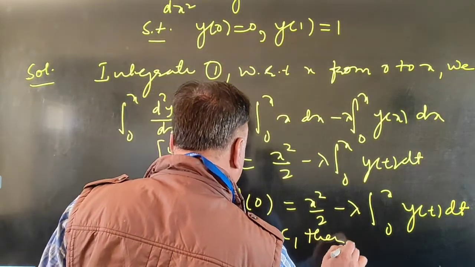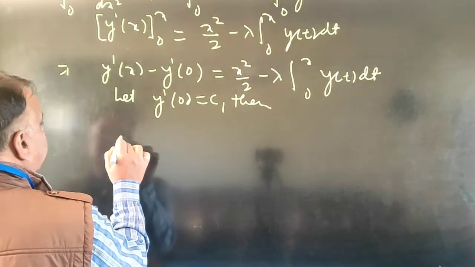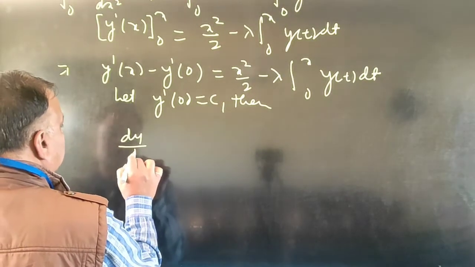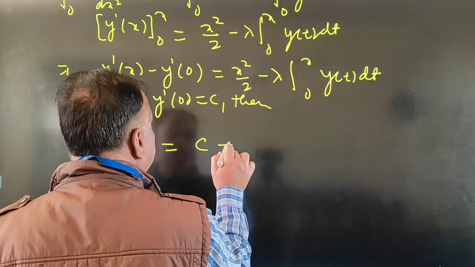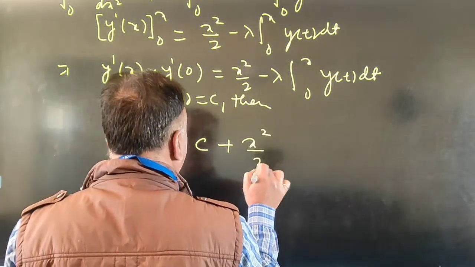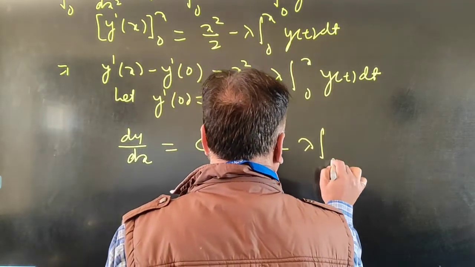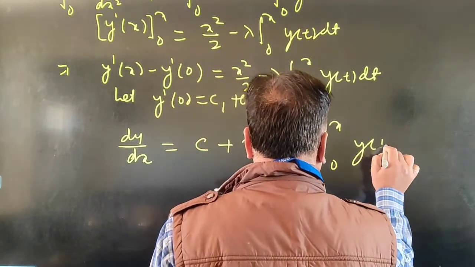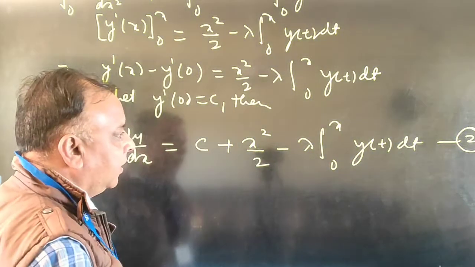Then we get y dash x, that is dy by dx, is equal to c plus x square by 2 minus lambda integral 0 to x y(t) dt. This is number 2.